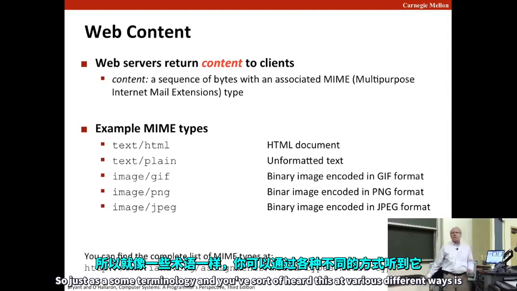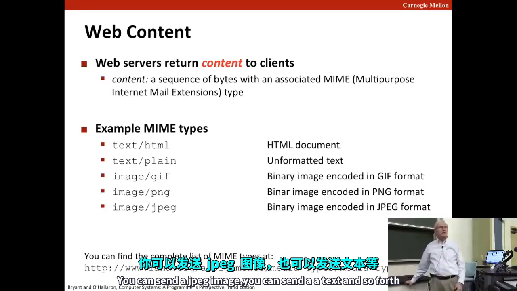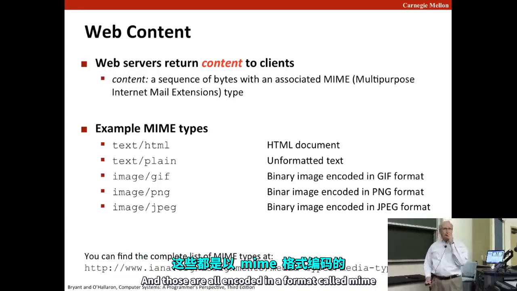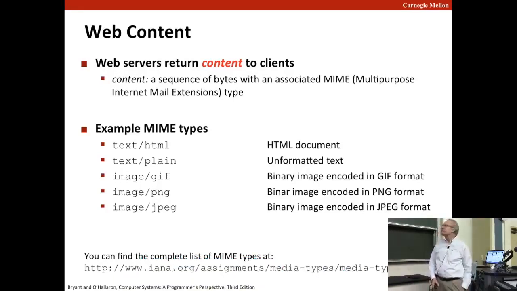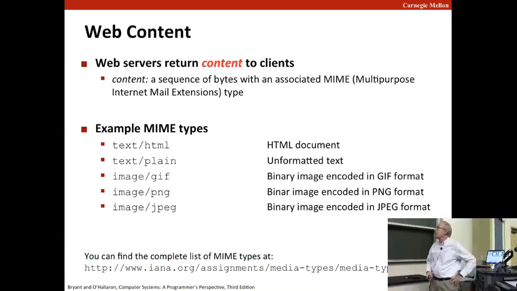So just as some terminology, one of the clever things about HTTP is it lets you handle different formats. You can send a JPEG image, you can send text, and so forth. And those are all encoded in a format called MIME, which is actually just a way to take binary values and convert them into hex formatted strings.